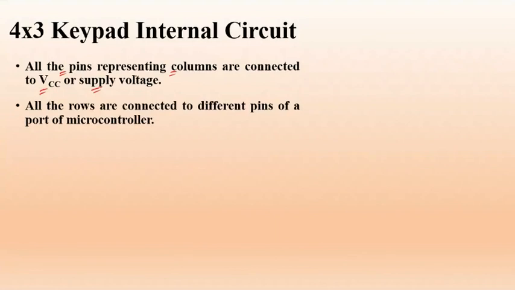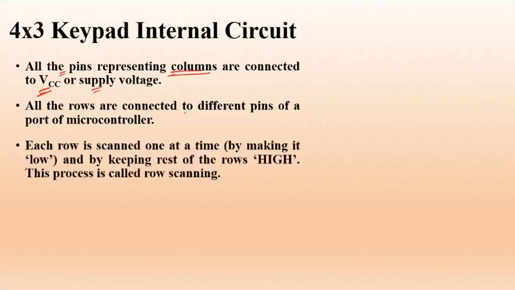This may not be the case for different keypads, but I am discussing the keypad that we have. In this keypad, VCC voltage is connected to columns, and all the rows are connected to different pins of the microcontroller. Now to start the scanning, we will scan each row at a time.